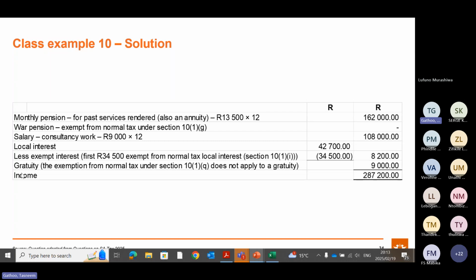And then the gratuity, even though it was paid to him as a reward for passing his examination, it wasn't exempt because the exemption under 10(1)(q) is not applicable to a gratuity. It's applicable to the bursary or the scholarship that you get. So it doesn't qualify for this exemption, and it's included in his taxable income, and the total of that gives him a total income of 287,200. Any questions, guys?